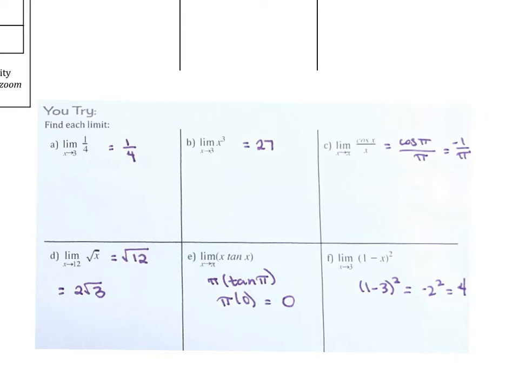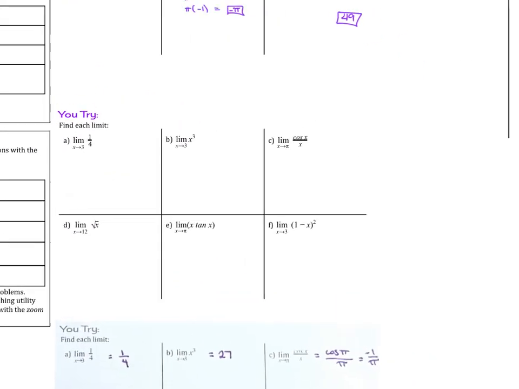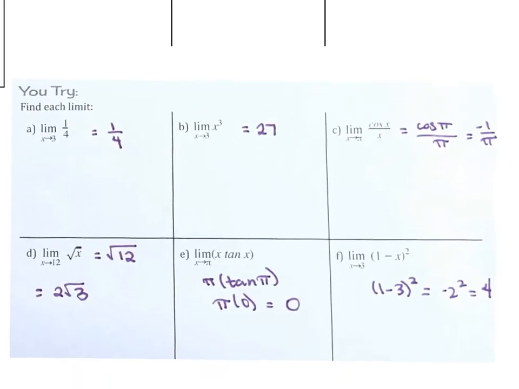Notice that it's the exact number as x approaches c, so going back to the properties, if you have the limit as x approaches c of b, it just equals b, which is exactly that example. Then letter B, as x approaches 3, we have 27. For C, we have -1 over pi. D is 2 square root of 3. Letter E is 0, and letter F is 4.